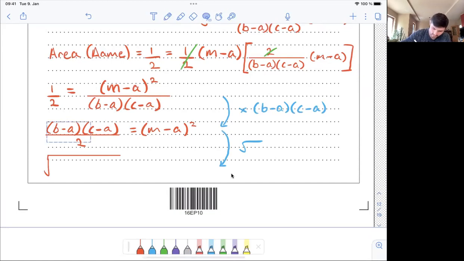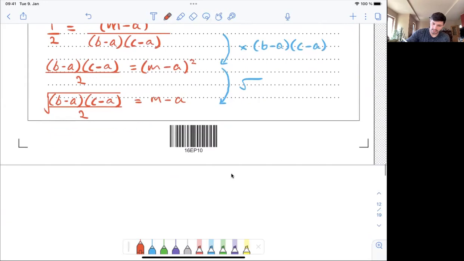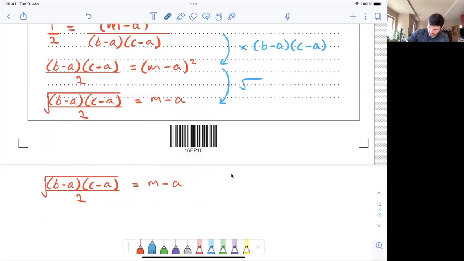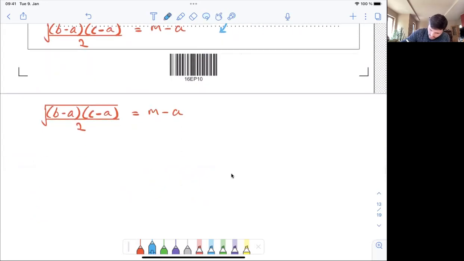The square root of that is going to equal just M minus A. And then we'll copy the exact same step down to our new page. Bring that down here. And now next step, we're going to add A on both sides.